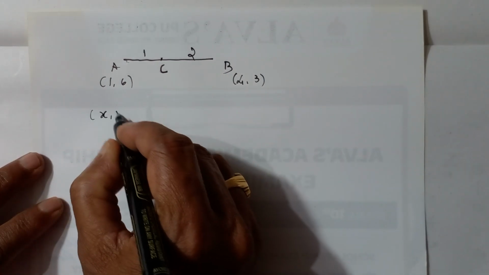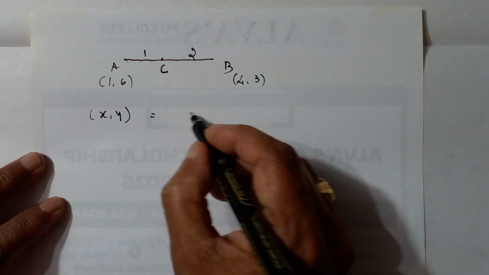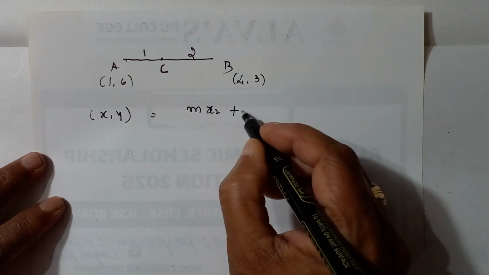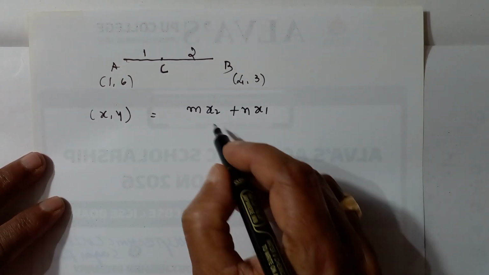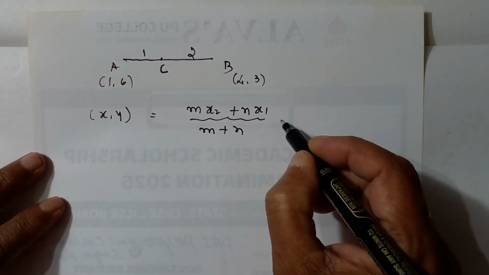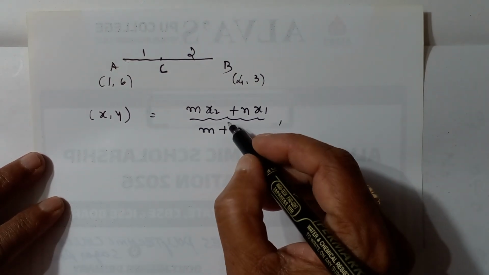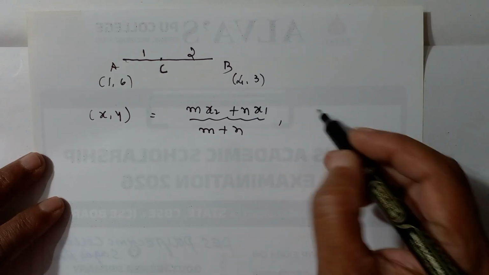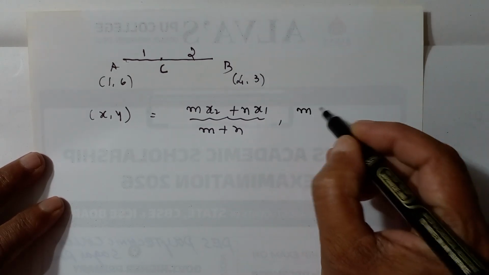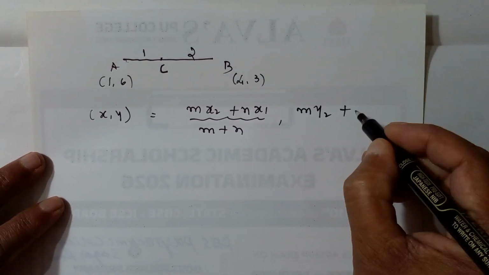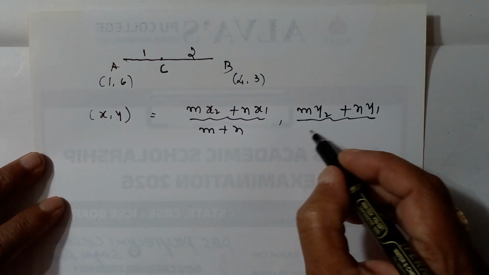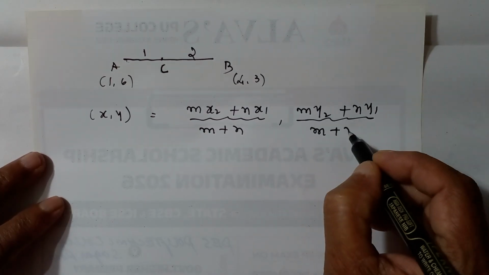Here (x, y) is equivalent to (m x2 plus n x1) divided by (m plus n), comma, this refers to the x-axis. Next, with reference to the y-axis, (m y2 plus n y1) divided by (m plus n).